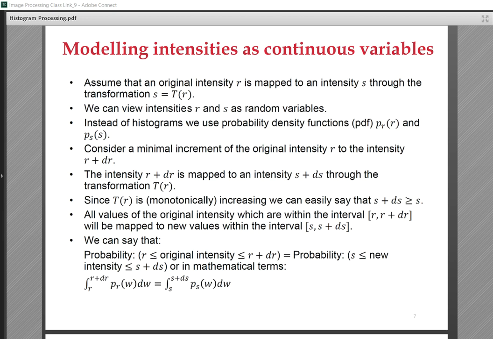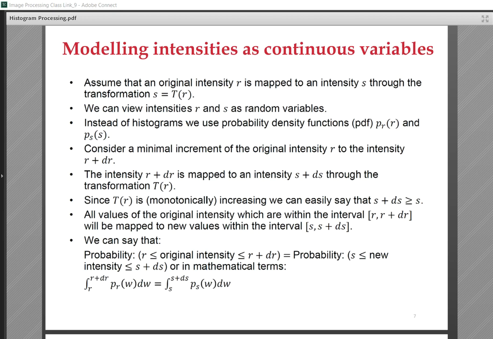Consider a minimal increment of the original intensity R to the intensity R plus dR. Going from R to R plus dR, the intensity R plus dR is mapped to an intensity S plus dS in the resultant image through this transformation.